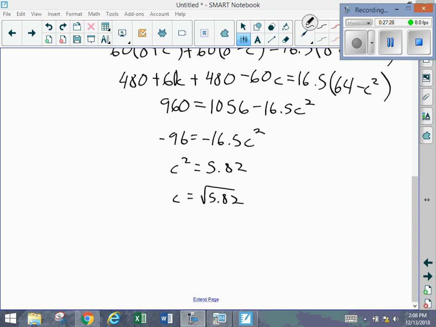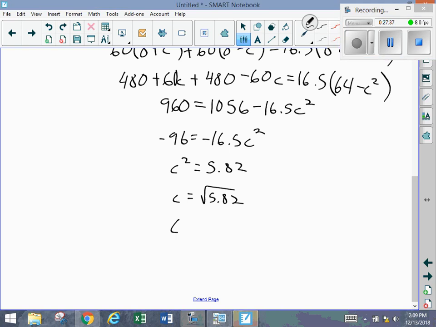So the current is going 2.41 miles per hour.